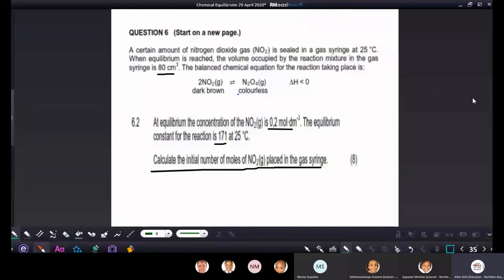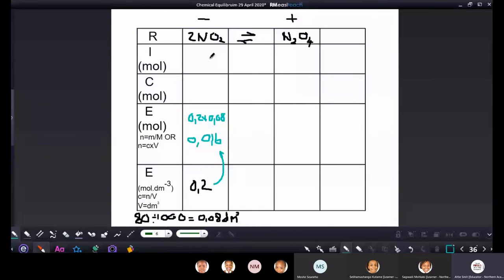They don't give us any initial values because that's what they want. They want NO2. So I'm going to make NO2 X, because that is the one we are looking for. Initially there's no NO2, so I'm making that my unknown, which is X.